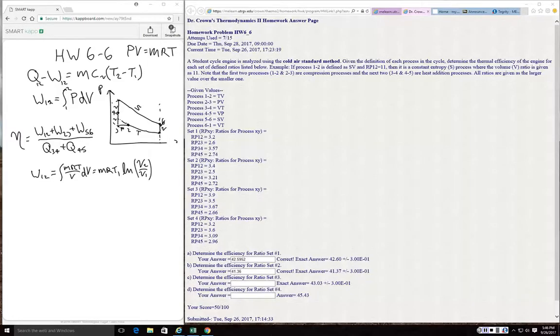And V2 over V1 is equal to 1 over R V1. So I have MRT1 natural log 1 over R V1. Right, then work 2 to 3 equals the integral P dV, but it's constant pressure, so it's P delta V. And I can replace P times V with MRT, so I get MR T3 minus T2.